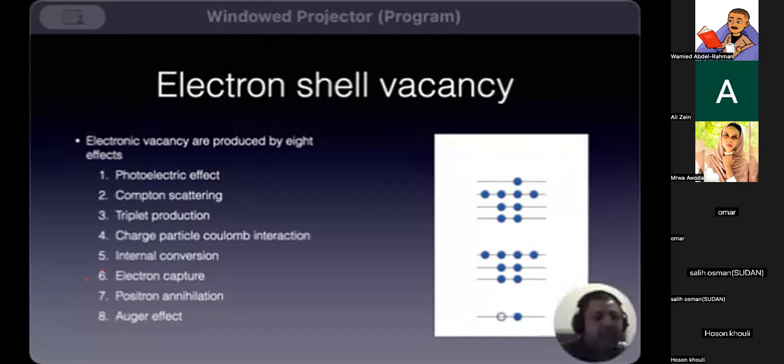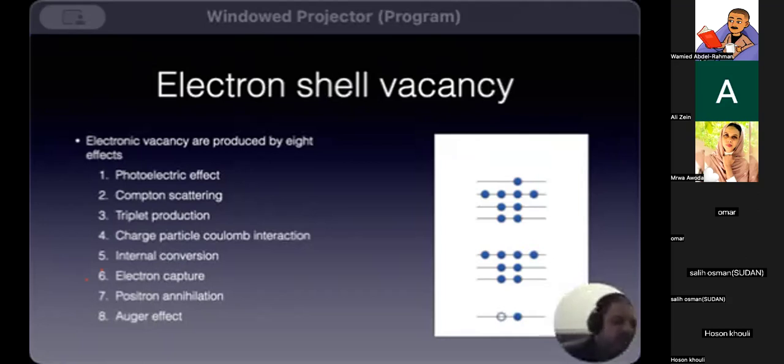Electron capture is the process that competes with positron emission. In positron emission, we have a nucleus that has more protons than needed, so a proton wants to convert to become a neutron.